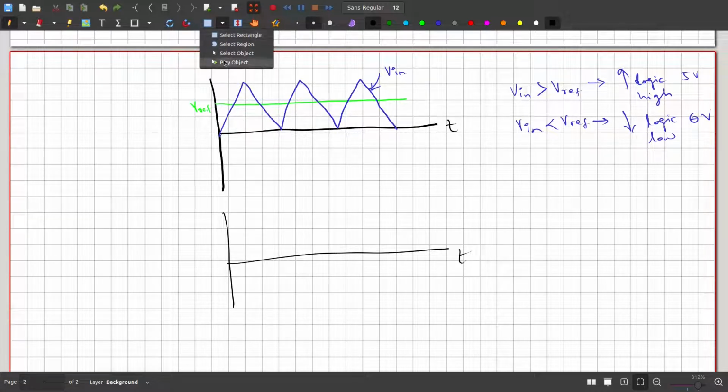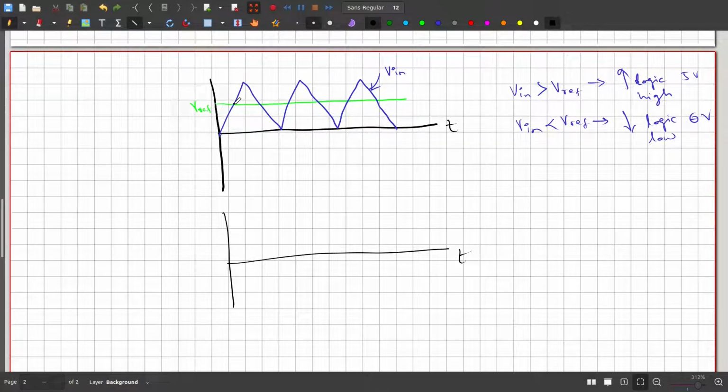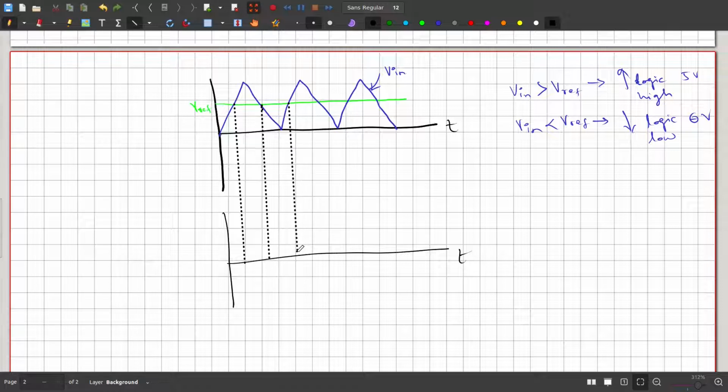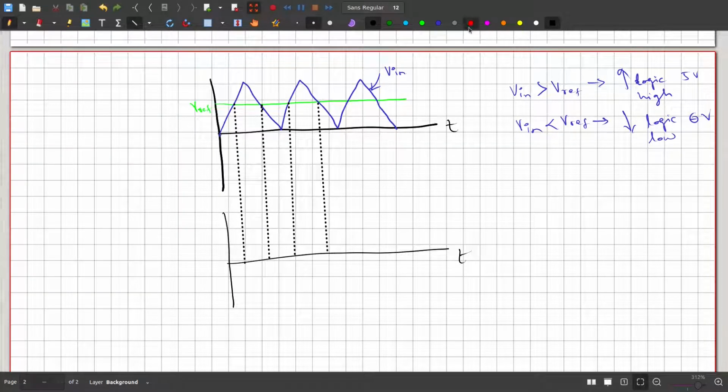Let me draw it in a line. Our output looks something like this.